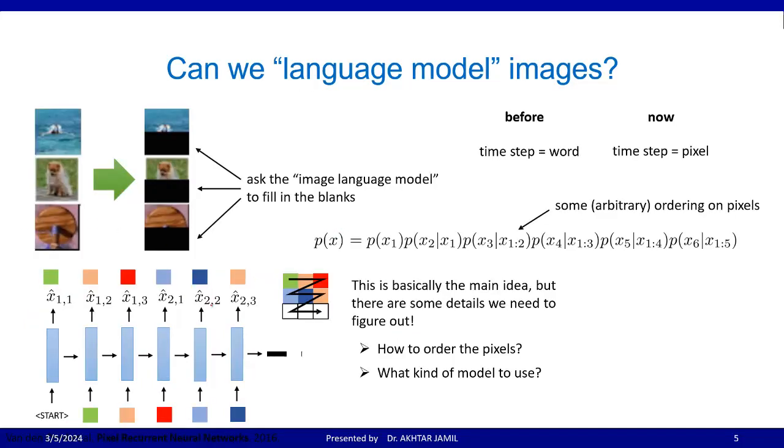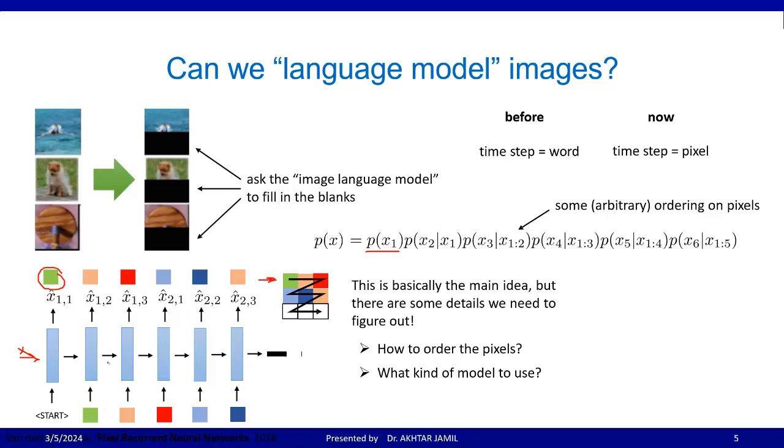We also saw this in the pixel RNNs, that if we want to generate pixels, we generate them in rows one by one. You can see that we are generating the first pixel in the first row, and since we don't have any of the previous information, we are not doing any conditional probability here. We are just predicting the probability of P of x of 1.